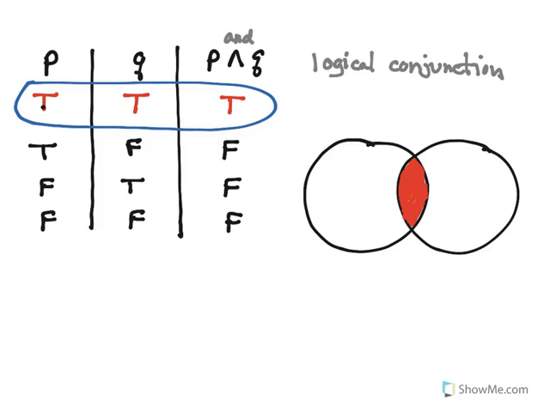Okay? And if we do the opposite, then the OR operator, okay? So if you have P and Q, again, it represents propositions, right? And if you have the V, that's going to be OR, right? Okay?